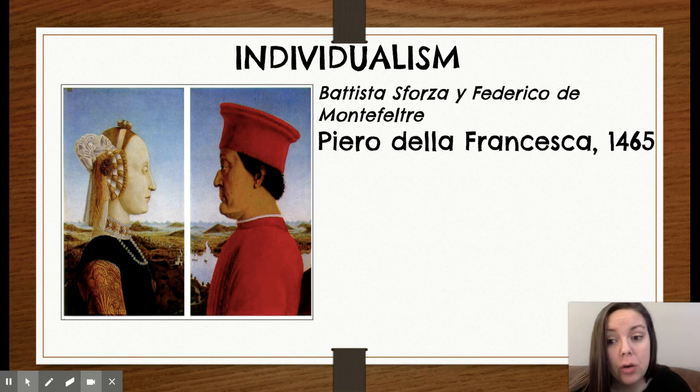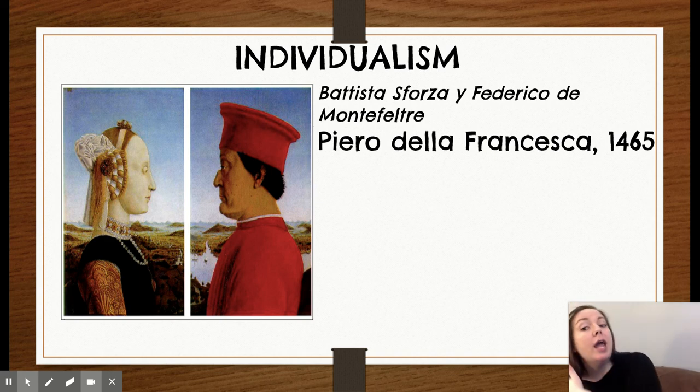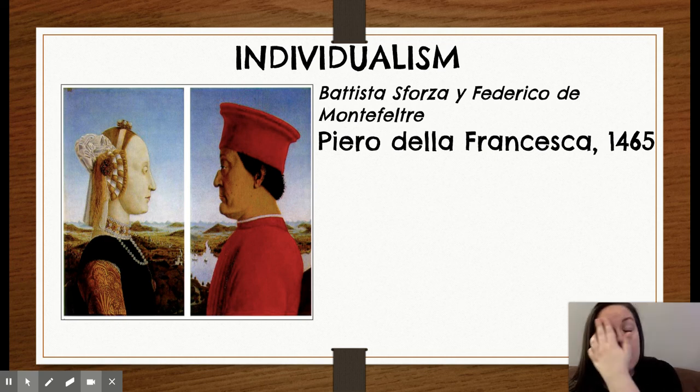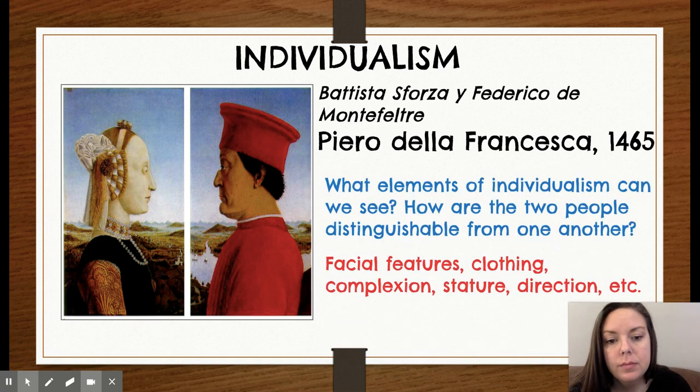They all kind of looked identical, and they could tell them apart only by their clothes or their jewelry. So now artists are really focusing on getting those human features accurate, so you can tell the difference between people in the paintings that they're paying for. Okay, so everything about these two people is different. Their complexions, their bone structure, their clothing, the directions they're facing, everything is different.